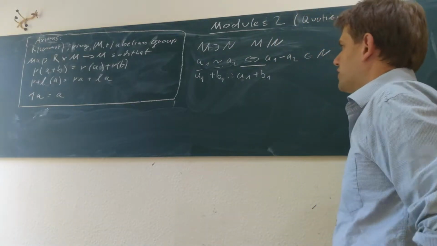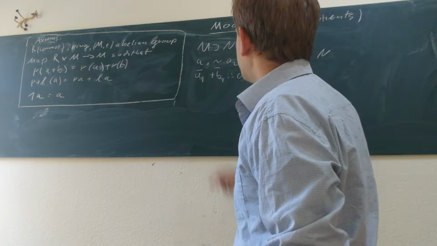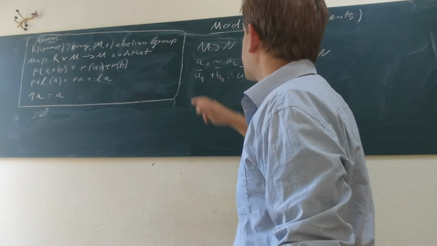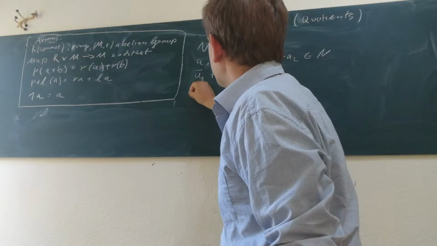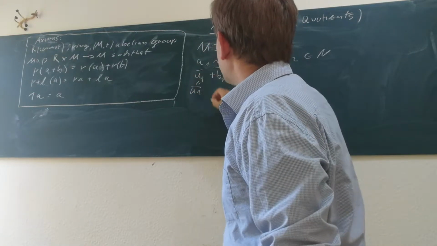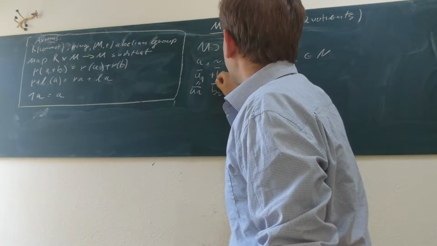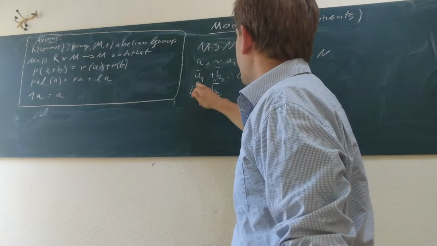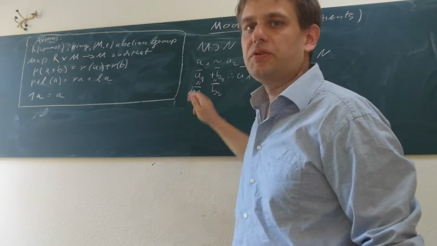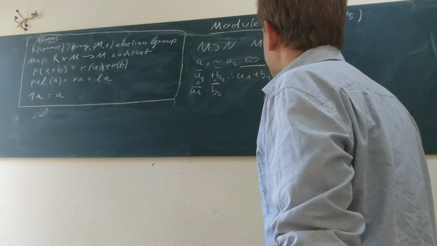And of course you need to check that this is well defined, meaning if you pick another representative. So if you have A2 bar is the same as A1 bar and B2 bar is the same as B1 bar, so A1 is one representative of this equivalence class and A2 is another one, and the same for B1 and B2.